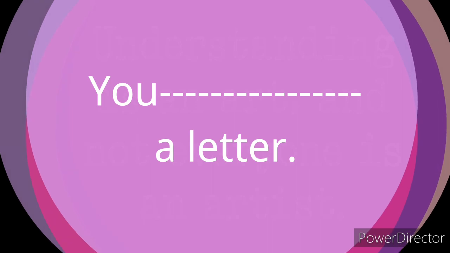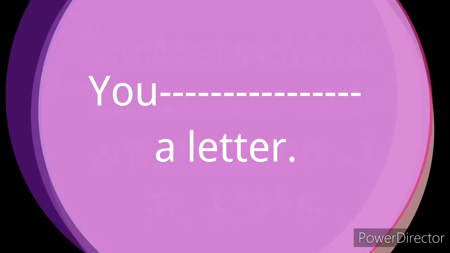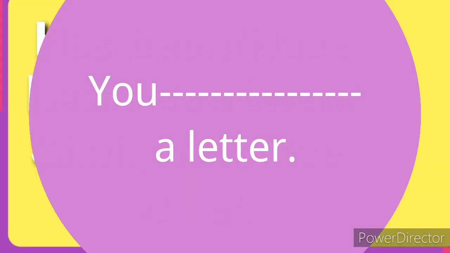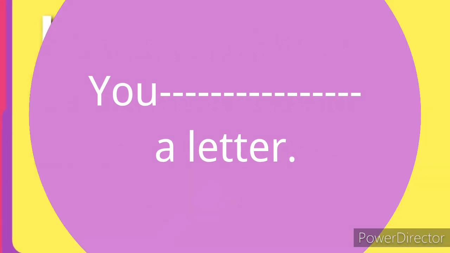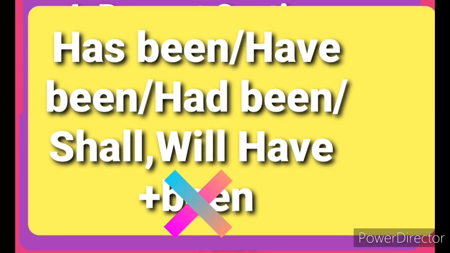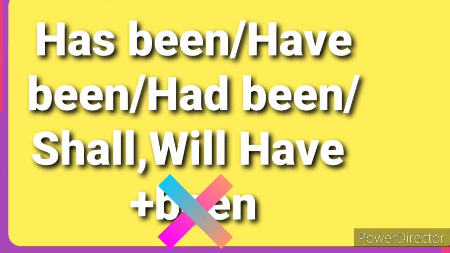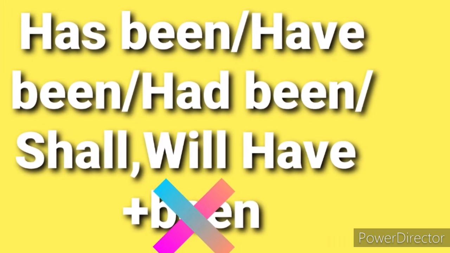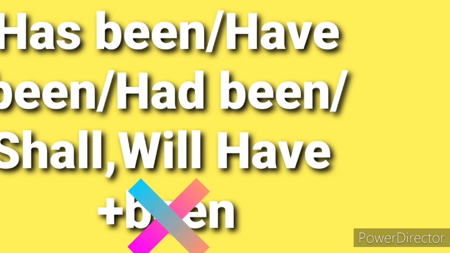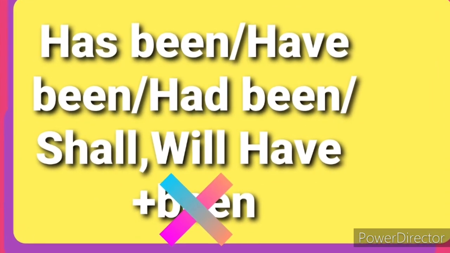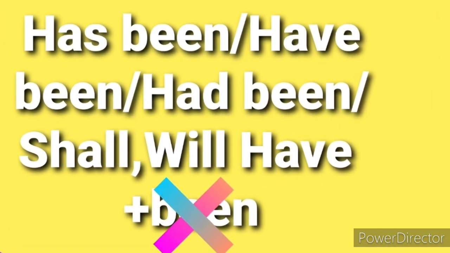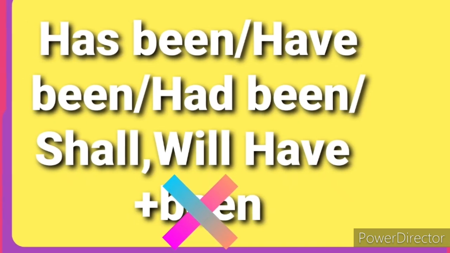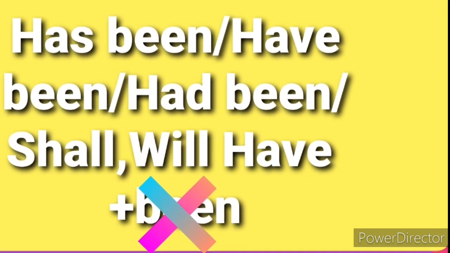Then we are supposed to remove by, we have removed it. Then the next step: if the sentence has has been, have been, had been, will have been or shall have been, we are supposed to remove the been, and we will use the same has, have, had or will have, shall have as per the requirement of the subject. Suppose in this sentence we have exchanged the subject with the object: you, a letter has been.